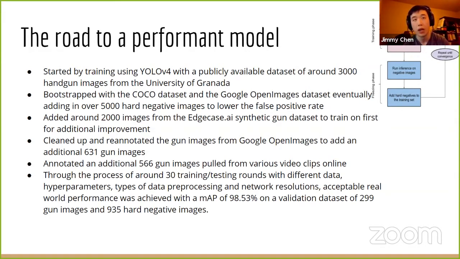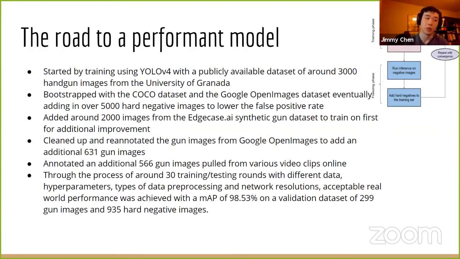We then added around 2,000 images from a synthetic gun dataset. They were generated in Unity with 3D models in a wide variety of environments and lighting conditions. The only downside to synthetic data is the reality gap: you train on synthetic data, then run on real data, and there's a gap between the two.